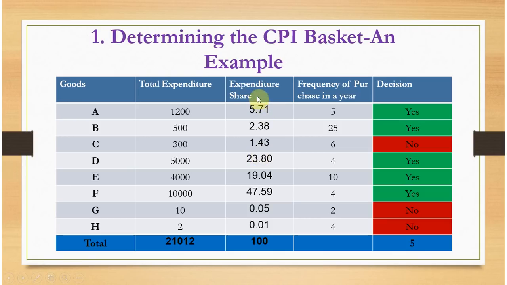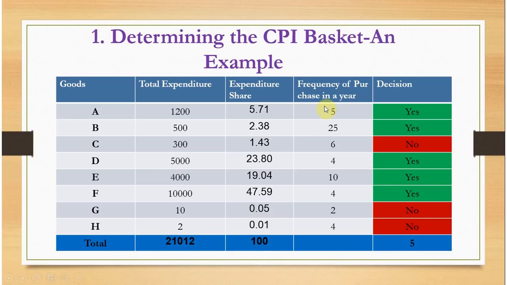So this expenditure share column shows the relative importance of goods and services in the consumer's budget. It shows that goods Z and S are not so important for the consumers' budget.